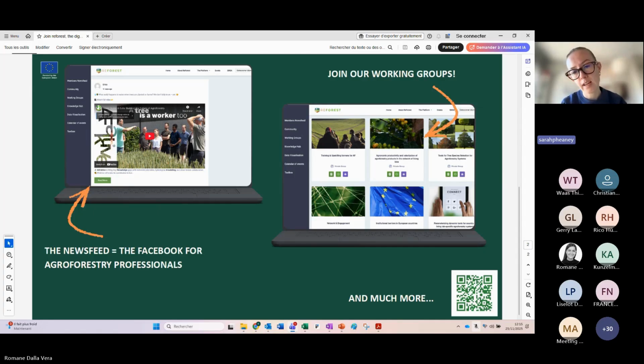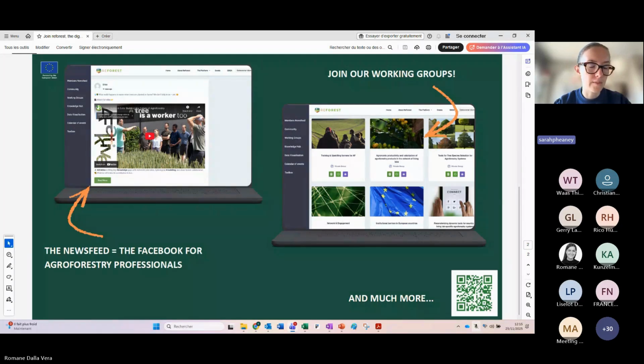Apart from the Knowledge Hub and the toolbox, we also have some active working groups. We're looking for partners to join the working group, particularly the networking engagement working group. It's all about networking and engagement, keeping the community up to date with upcoming events and webinars like this.